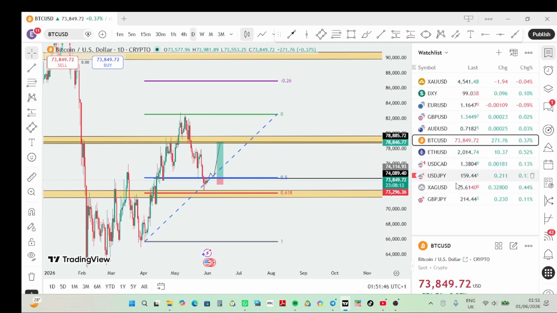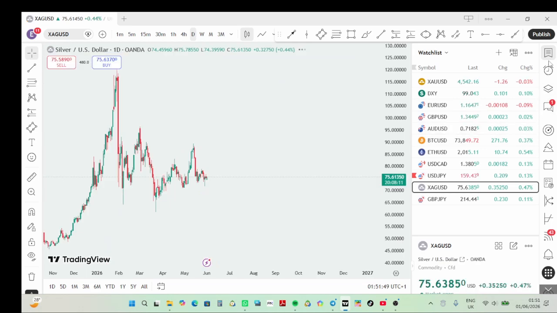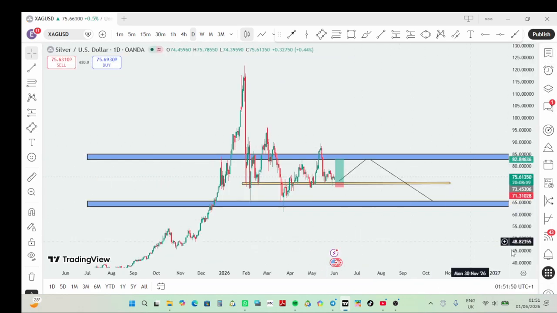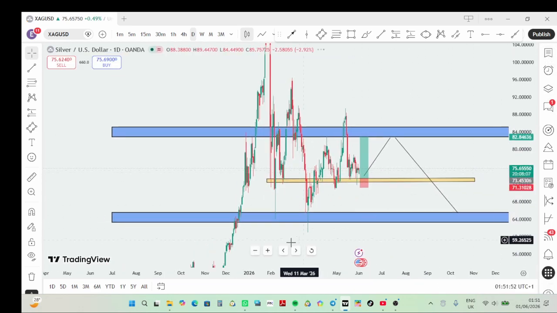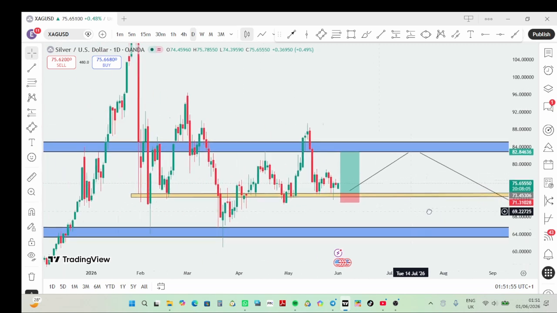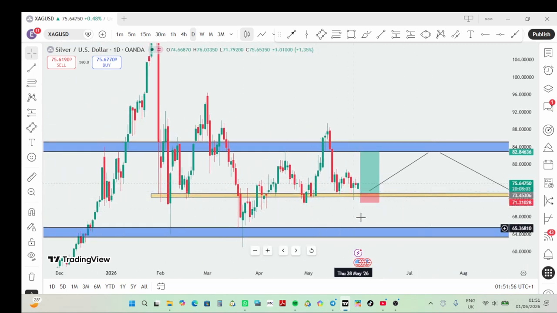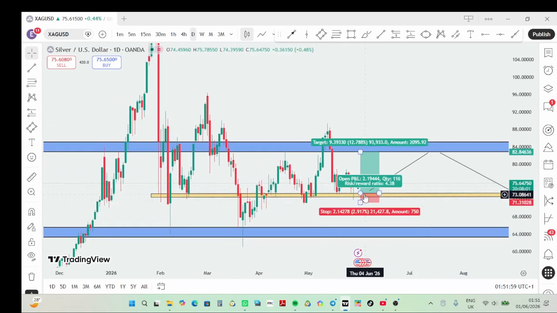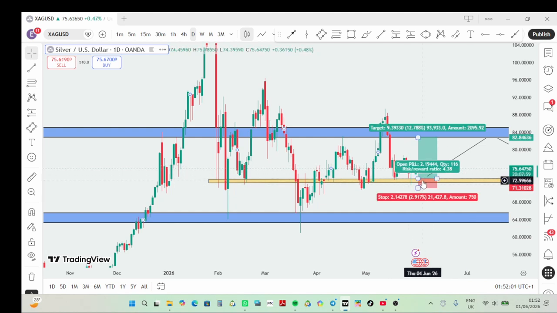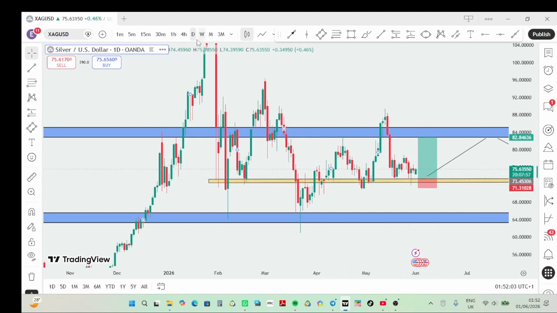I have been doing silver for some time now. I'll be expecting silver to do some things. You can see I'm expecting my market to bounce off to give me another clear move to the upside from daily, but the market is just opening.